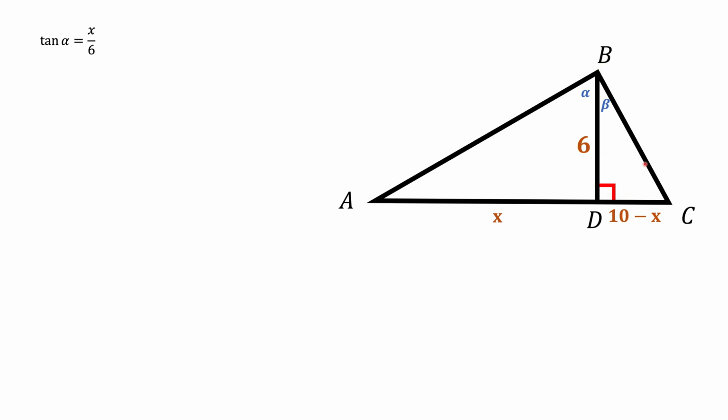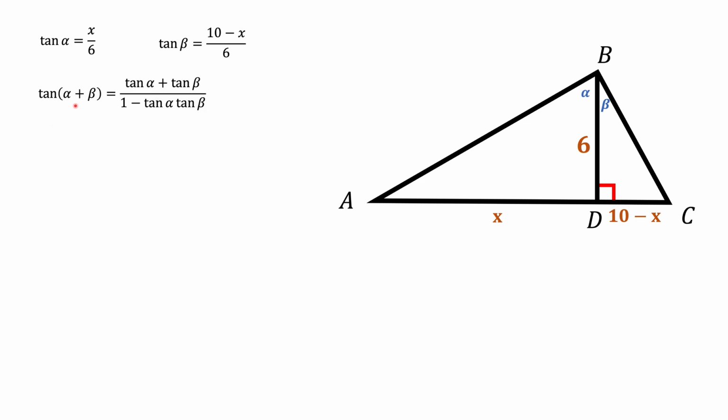In a similar way, the tangent of angle beta will be 10 minus x, the opposite leg, divided by 6, the adjacent leg. We are not really interested in angles alpha and beta by themselves. We're interested in angle B, which is the sum of those angles.